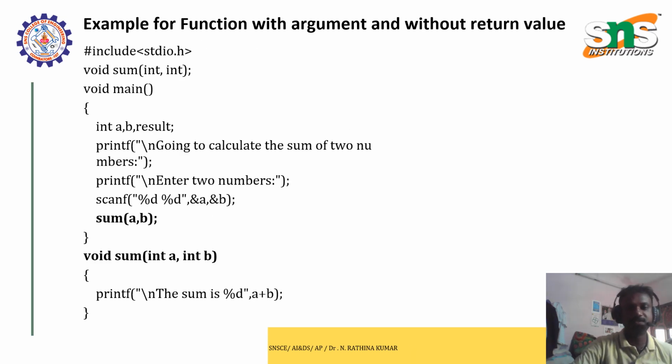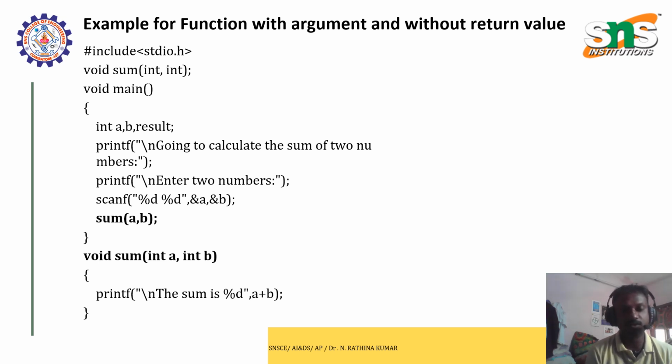Next we are going to see with argument and without return value. See this program, the same addition of two numbers. Once you understand the difference between all these four, you can write any program. You can write your own example. These are all very simple concepts. Here inside the main function, we declare three variables. We get the two numbers from the user and call the function sum with a and b. The control automatically comes to the subfunction, and the a and b values are passed.